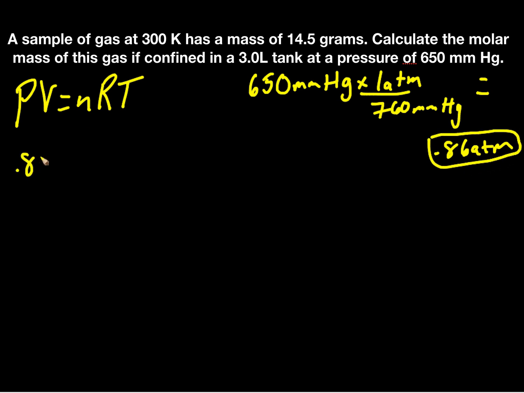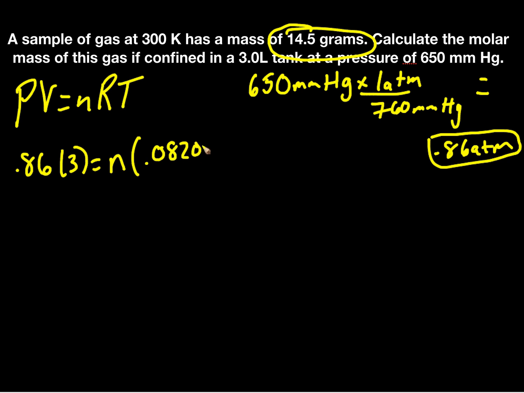So we have 0.86, we have a volume of 3 liters, equals, now we want to solve for molar mass, and we know the units for molar mass are grams per mole. So we already have the grams part here, as it says in the problem, the 14.5, so we're going to leave this till the end, so we need to calculate for moles. So n, since our pressure is in atm, we're going to use 0.08206, and then multiply that by 300 Kelvin.